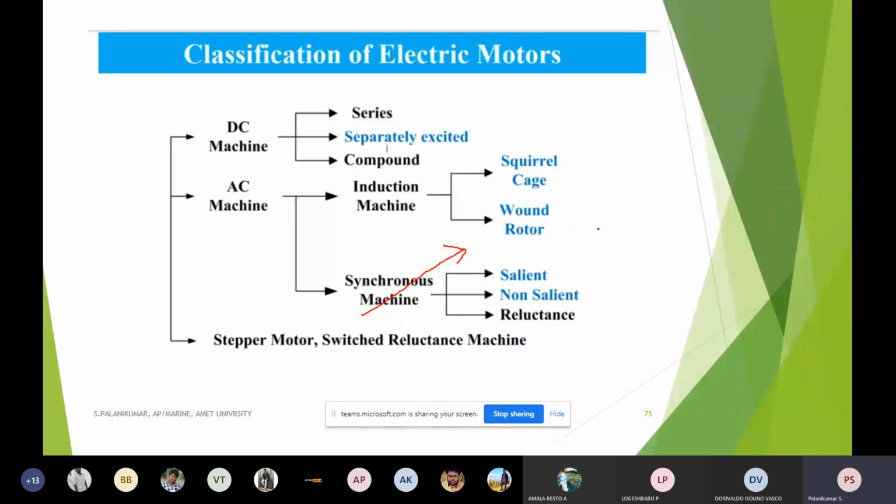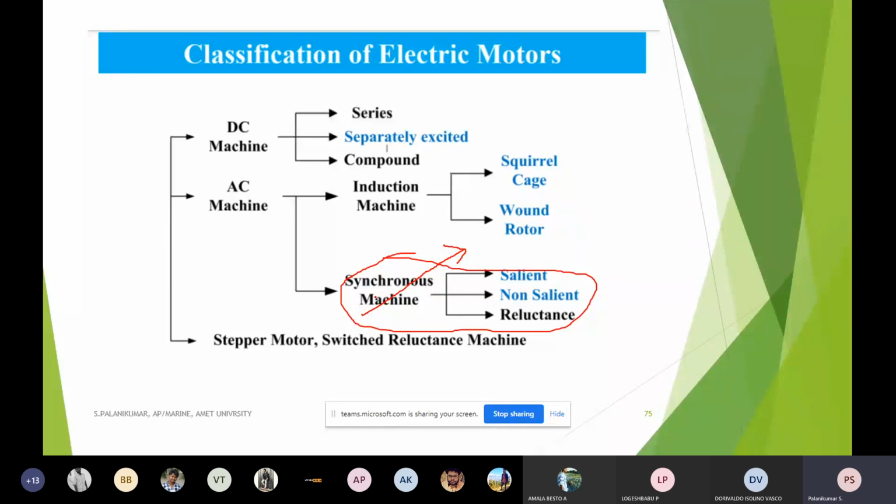If I keep varying the load, the current and other things will change, but it will always run at synchronous speed only. Whenever my rotor is not capable of running at synchronous speed, we have pull out torque, so it may not run and may come to a stop. So the synchronous machine in the same form, we are not preferring for electrical vehicles.